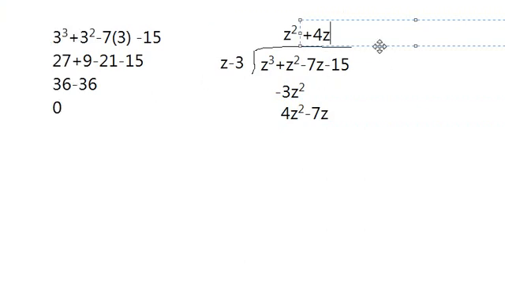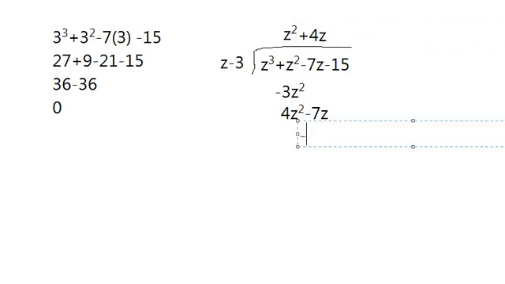You do another plus 4, because you multiply that and you get 4z squared, and the other term will be 4 times 3, which is negative 12z.